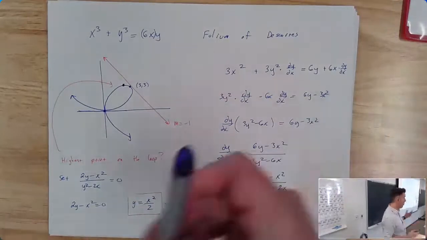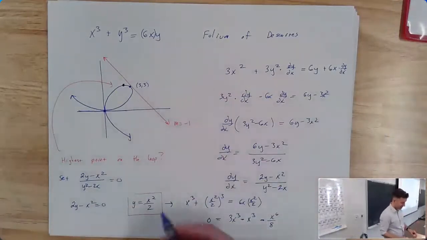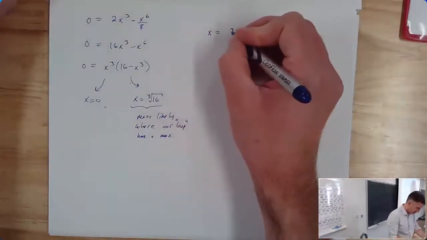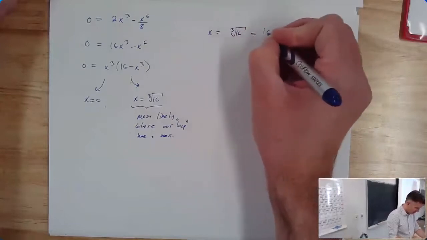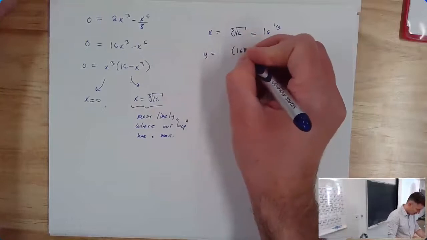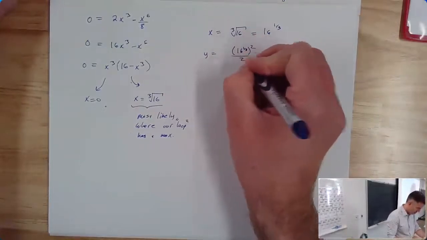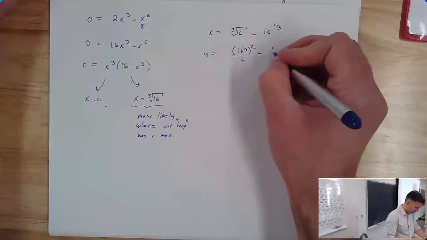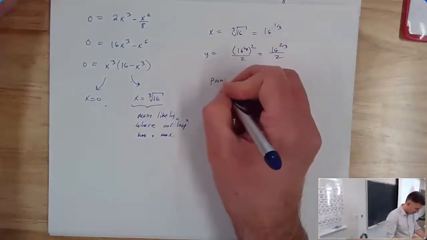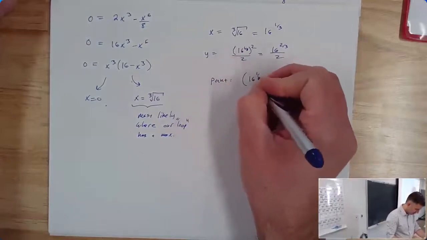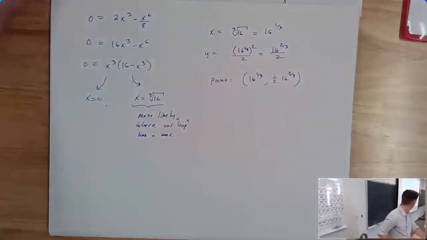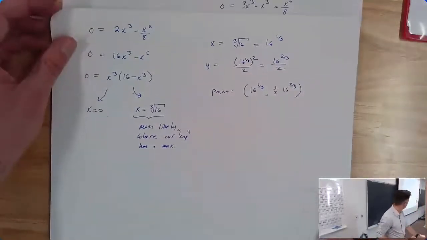So if I'm going to find the y coordinate that goes along with this x coordinate, I'm just going to plug back into this and say, okay, I'm going to get x equal to the cube root of 16. Or maybe we prefer 16 to the 1/3, and y is going to equal (16 to the 1/3) squared over 2, which I probably wouldn't simplify at all. So my coordinate is actually the point 16 to the 1/3, comma 1/2 times 16 to the 2/3. Kind of gross, but sometimes the numbers are gross.